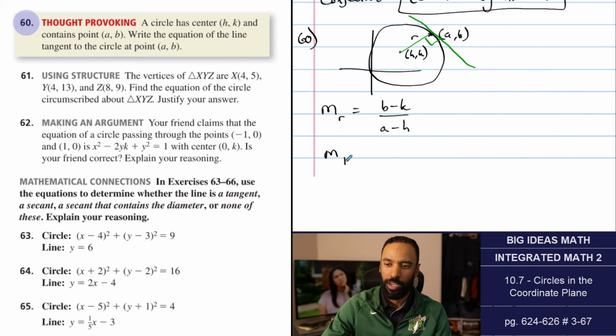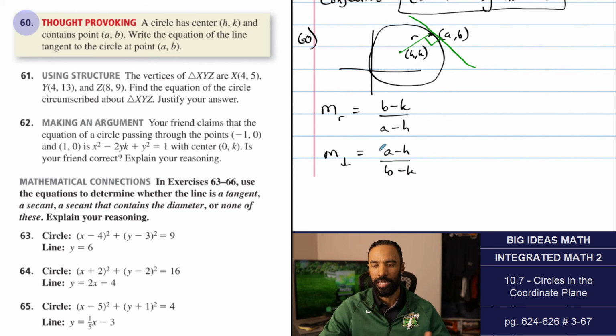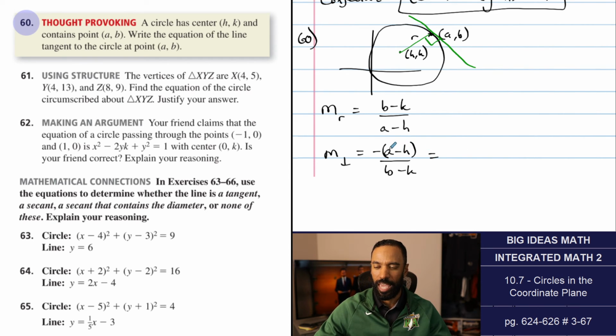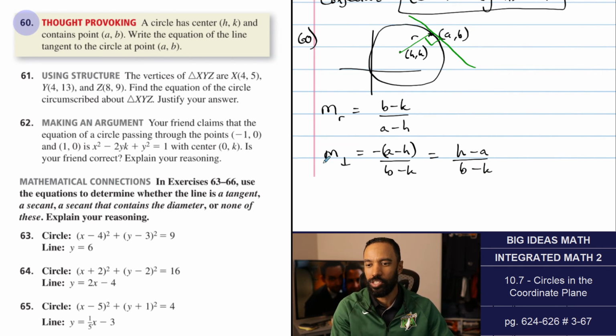So we flip the fraction, and then we also change the sign. The sign changes in just one spot, whether it's in the numerator or the denominator. I can make the h positive and the a negative, so h minus a over b minus k. Hope I'm doing this right as far as what kind of answer they're going to want. This is the slope of the perpendicular line that goes through there.